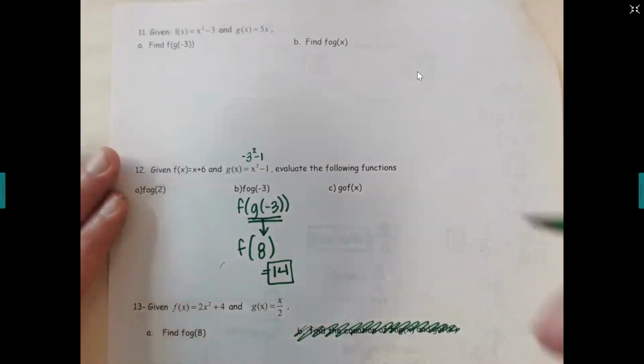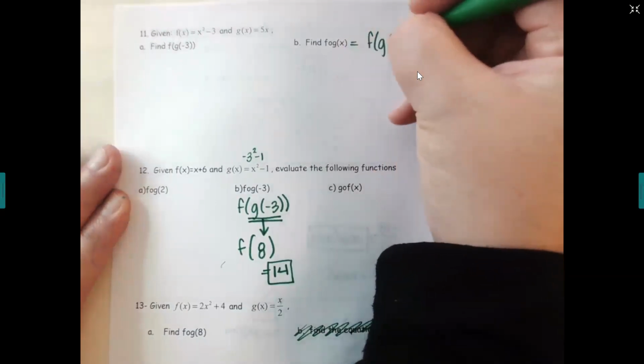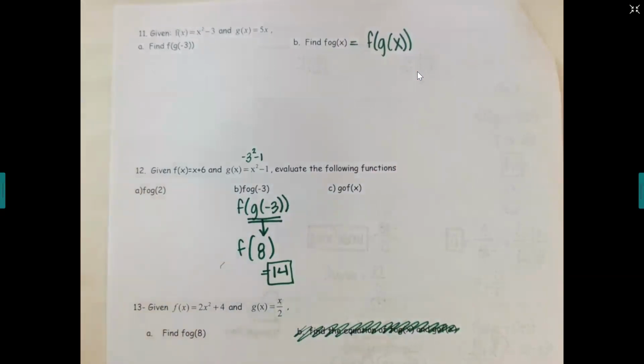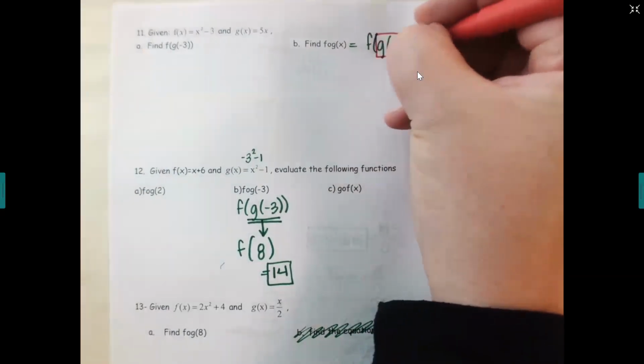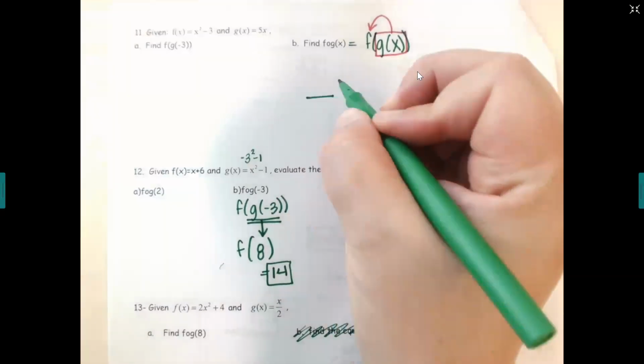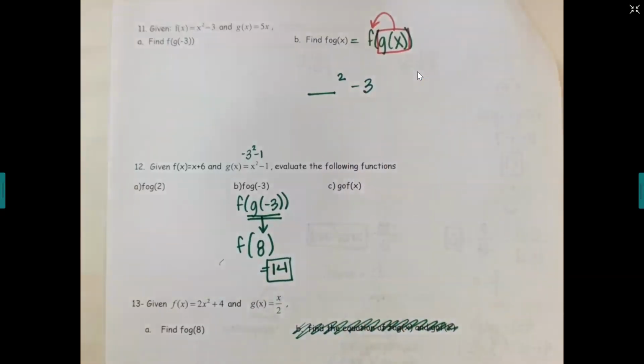Okay, so I want F composition G of X. That means I want F of G of X. So I'm going to take the equation for G, plug it into the equation for F. What is the original equation for F? X squared minus 3. Then I'm going to change it to blank squared minus 3. And then in that blank where the X would have gone, I'm going to plug my G formula.